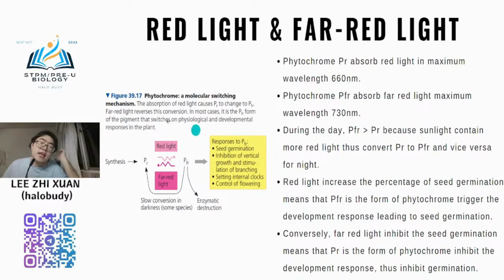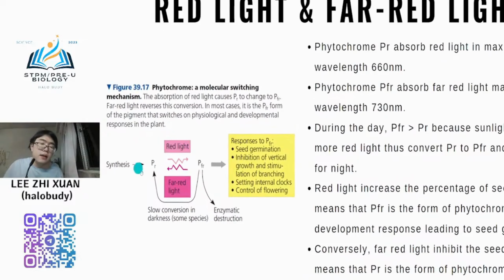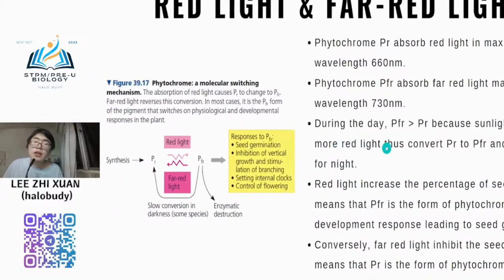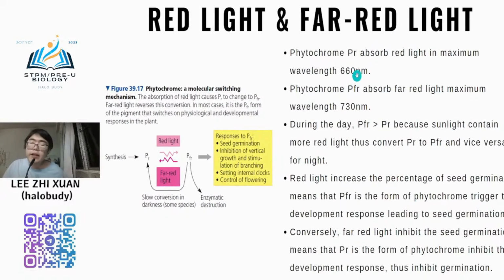Using this diagram, you see that PR is the red light absorbing form and PFR is the far red light absorbing form. Normally PR absorbs red light at a maximum wavelength of 660, and PFR has a maximum wavelength of 730 nanometer.